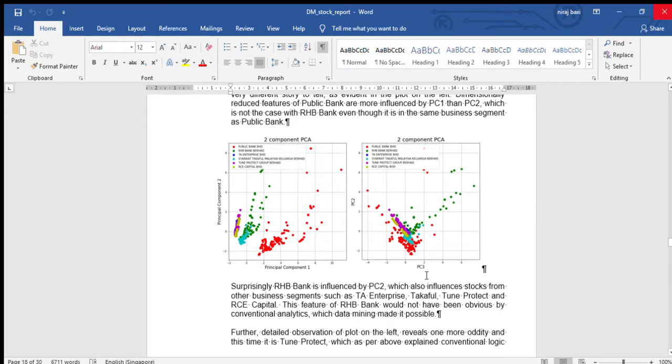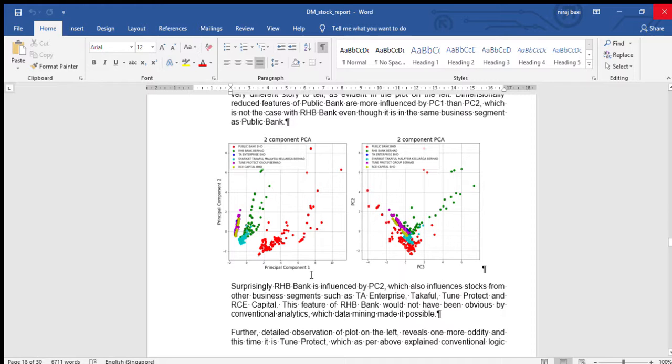But if you take a look at the oddity over here, Public Bank behaves similar to the insurance and the financial services stocks when it comes to the PC3 and PC2 comparison, which is again a different thing which no one would anticipate, but that's what this data tells us.